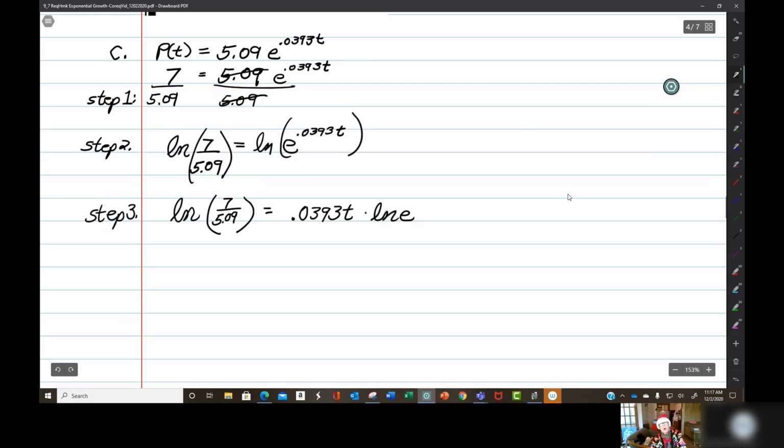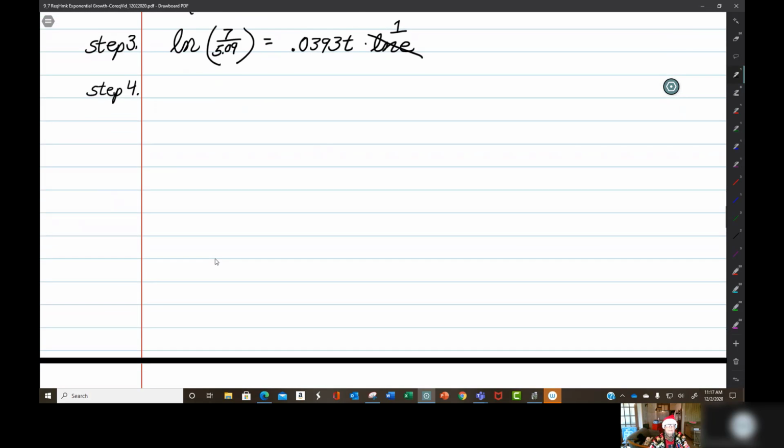And the ln of e is 1. So this is just 0.0393 t times 1. And then step 4, you don't use your calculator until the very last step.